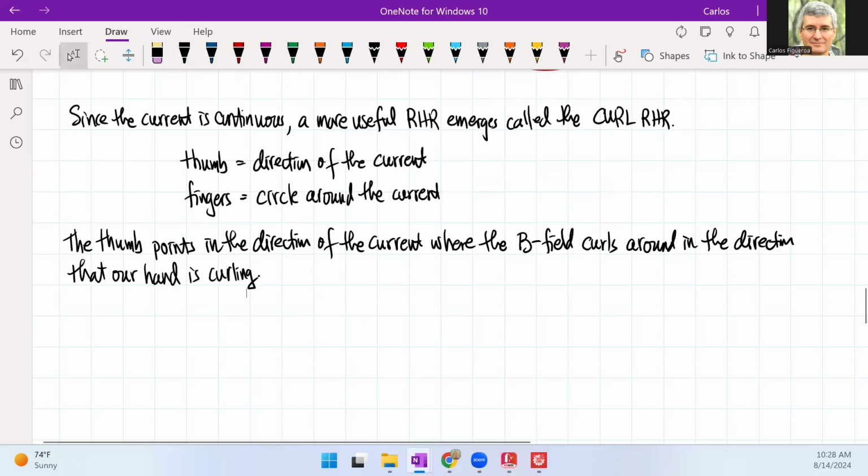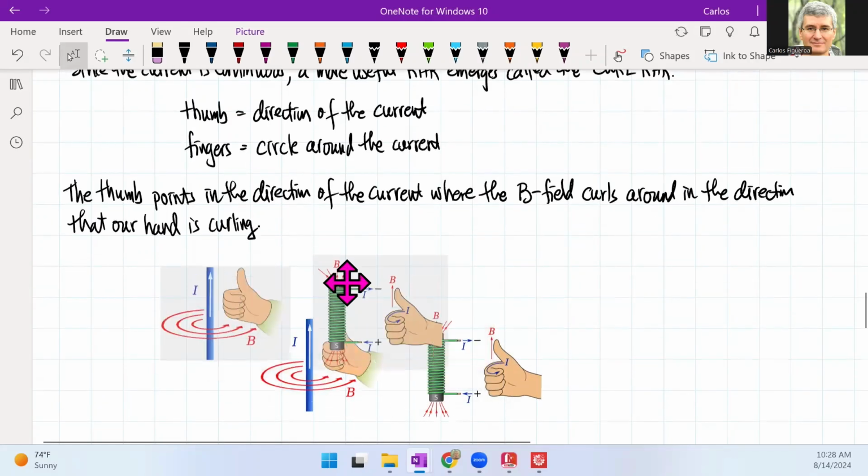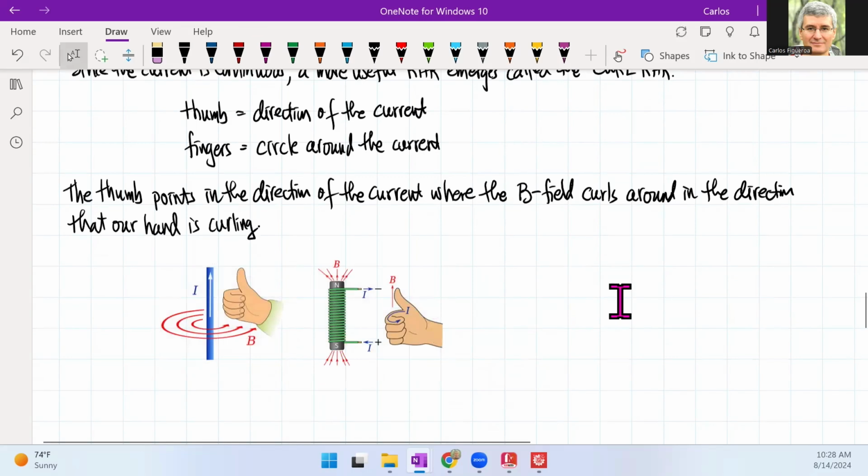Now, there are some pretty good images from Wikipedia, so let me share these with you. And here they are. You can see that if I put my thumb in the direction of the current, then I have the magnetic field circling around the wire. The same thing goes here: if I know the direction of the magnetic field, then as I curl my fingers, that's going to be the direction of the current.